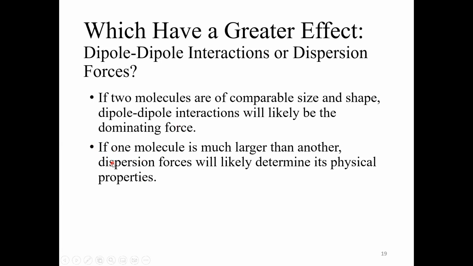Whereas if we've got 2 different molecules and one of them is much, much larger, now it's going to have a much greater dispersion force. So even if the dipole-dipole interaction is much lower, the dispersion force may be much greater. So in that case, we've got to consider both of them.